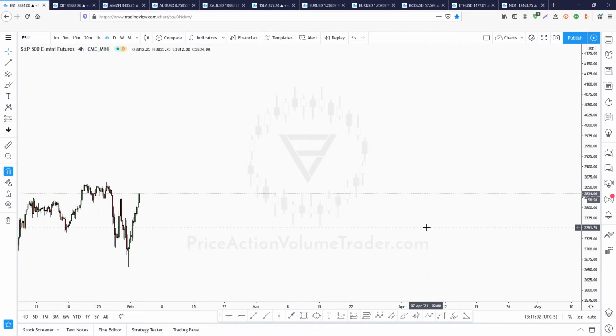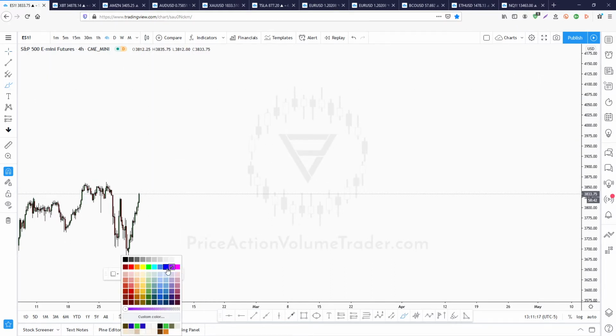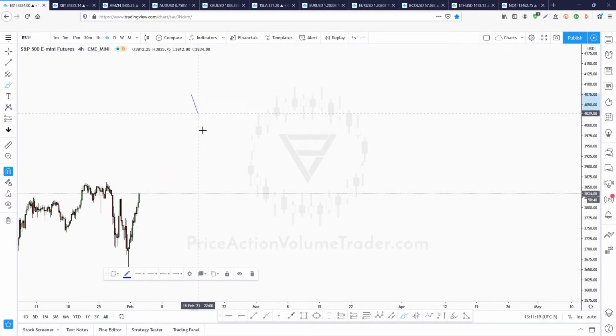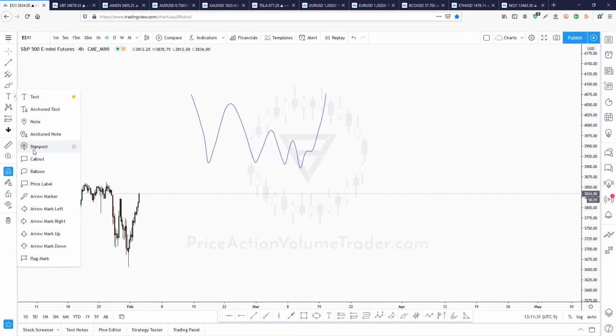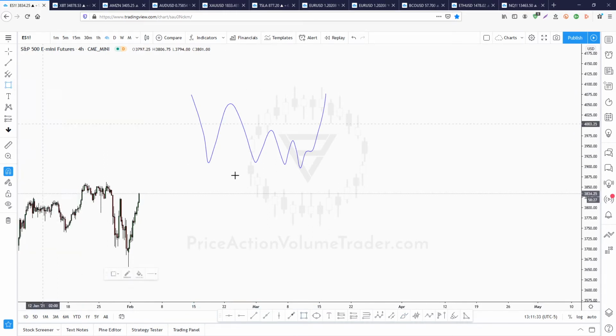So without further ado, let's start off by defining what is support and resistance. In the case of support, it is a level where price comes down into, and the level is defended by buyers, and this level cannot get past a certain price.